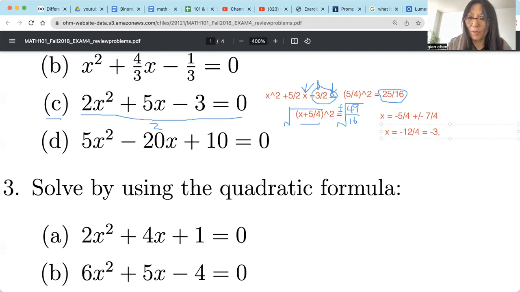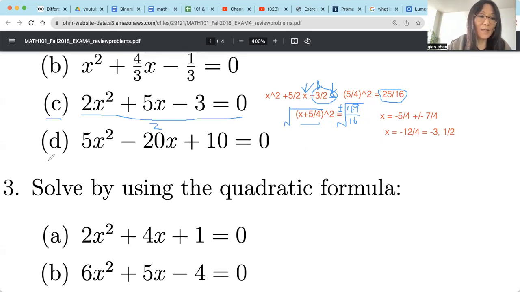Another solution is -5 plus 7/4, which is 2/4, which is 1/2. So we get two rational solutions, -3 and 1/2, for C.